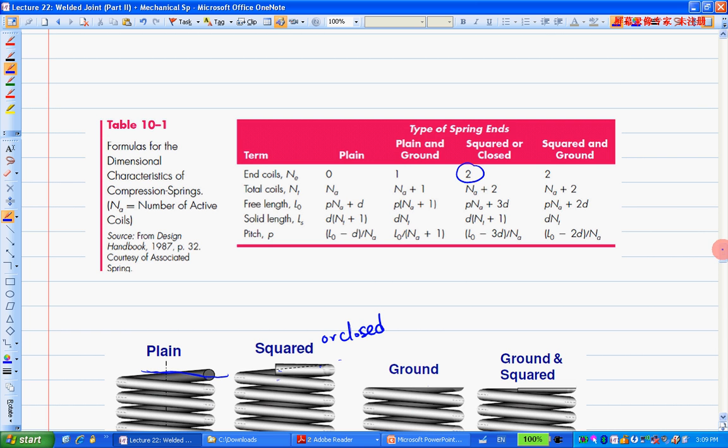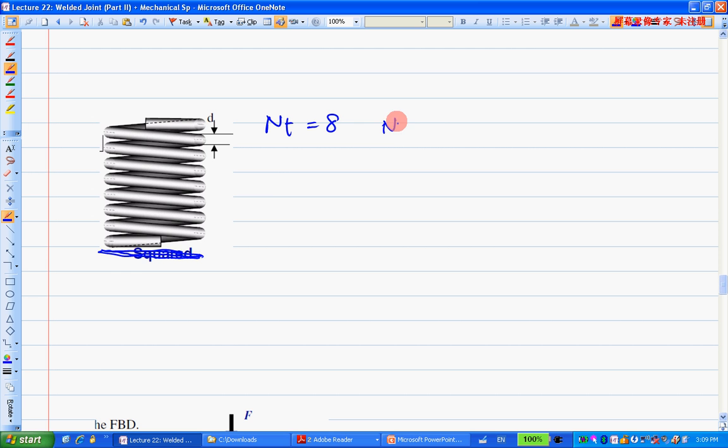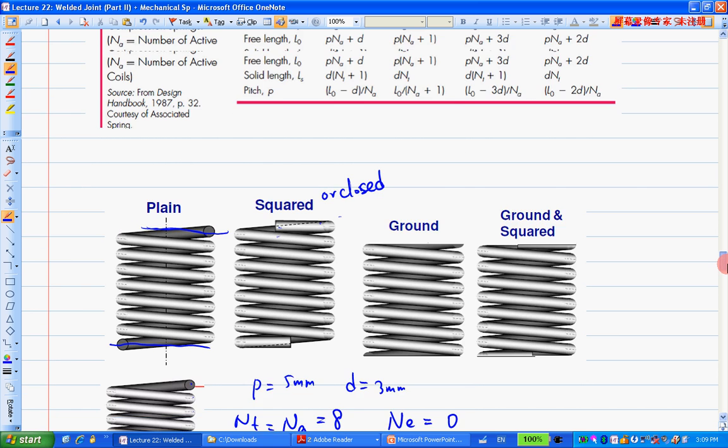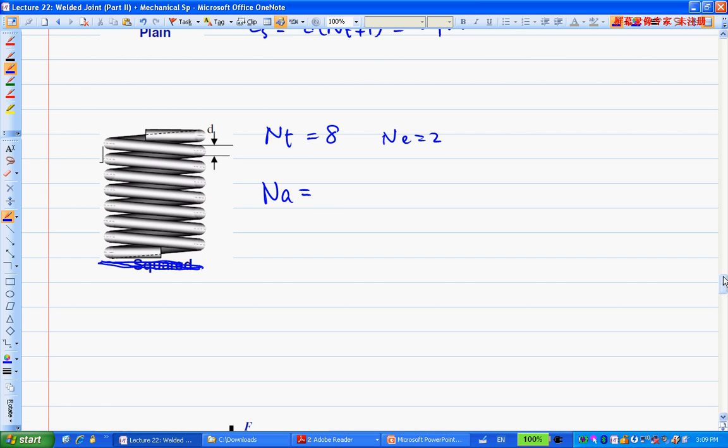And NA is the total number of active coil. How do I get that? It's NT minus 2. So that should be 6.